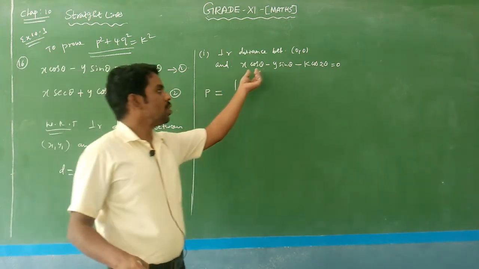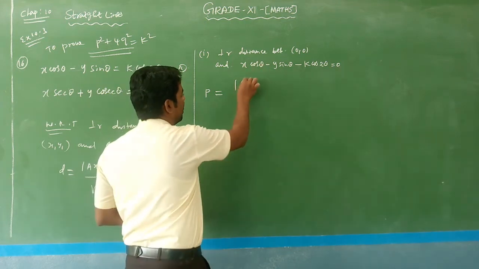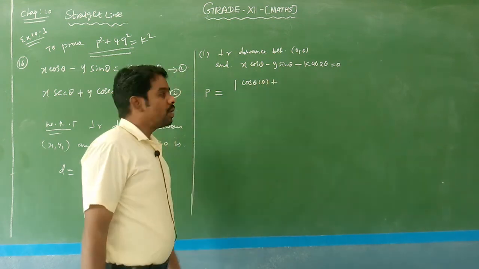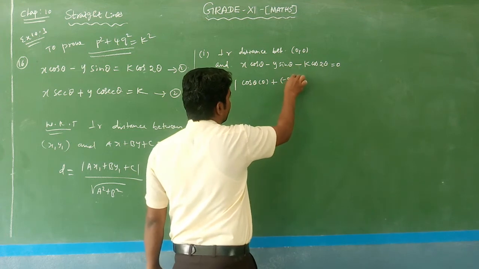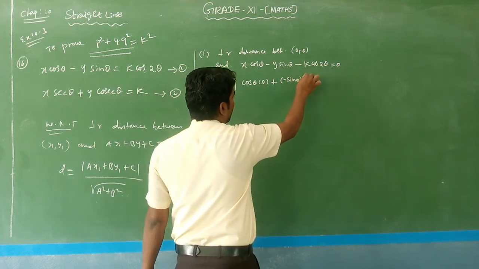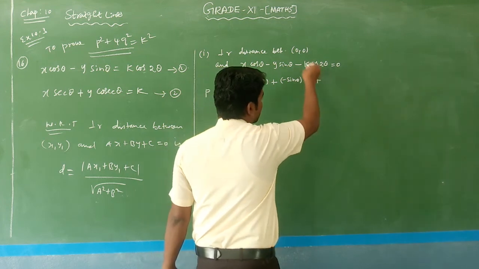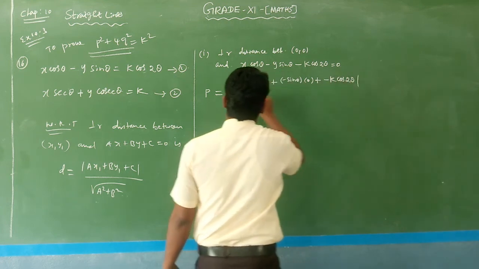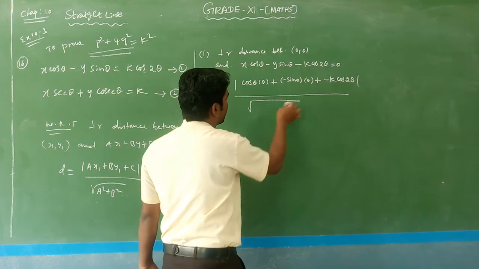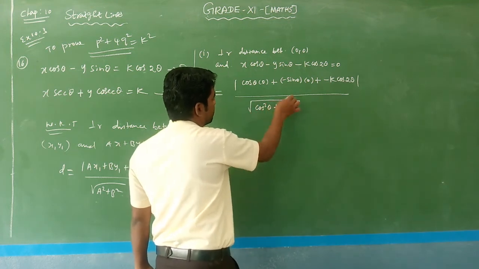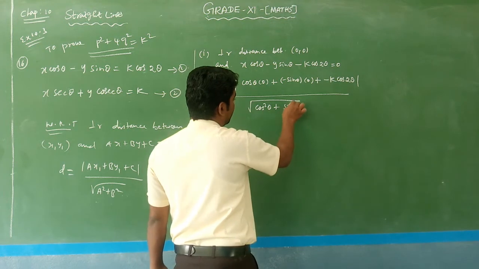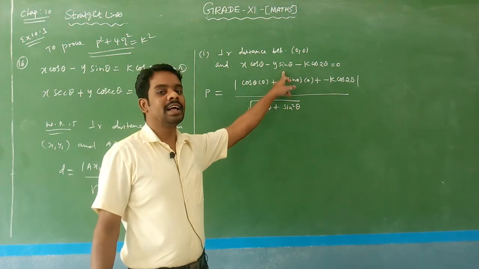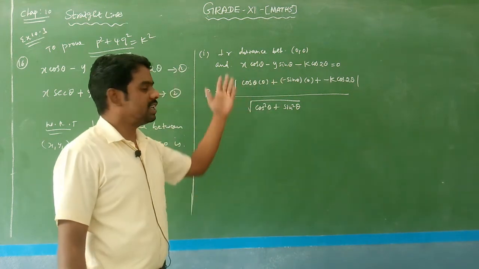Here a is cos theta, x1 is 0, b is minus sin theta, y1 is 0, and c, the constant, is minus k cos 2 theta, divided by root of a square plus b square. A square is cos square theta, and b square is minus sin theta the whole square, which is sin square theta.